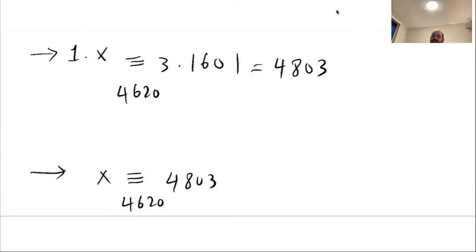Means we need to find the remainder, right? So 4803 minus 4620, that will be 183.